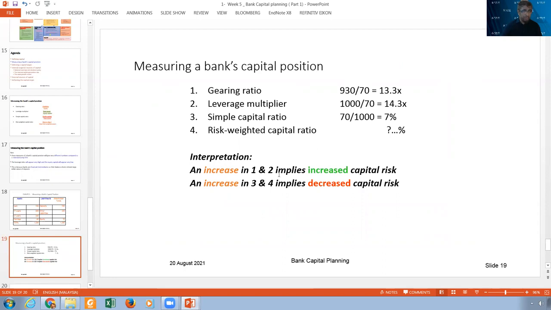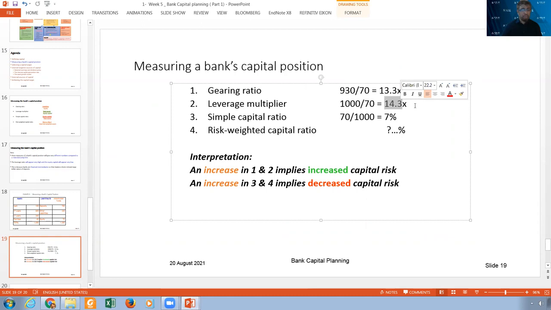As you can see, when capital is the denominator, an increase in 1 and 2 implies increased capital risk, which means if this becomes 14 times, 15 times, 16 times, my capital is getting smaller and smaller compared to the total assets. Here, the gearing ratio over the liabilities: when it becomes smaller relative to the liability, it also increases capital risk.